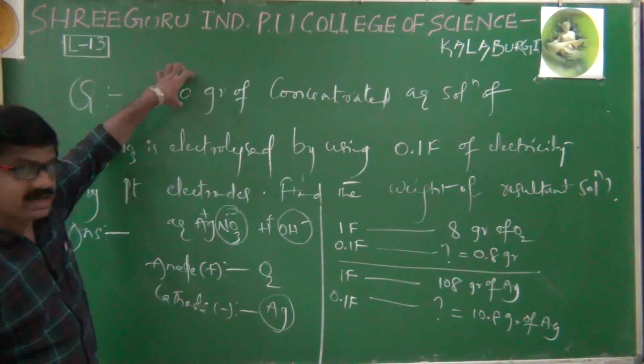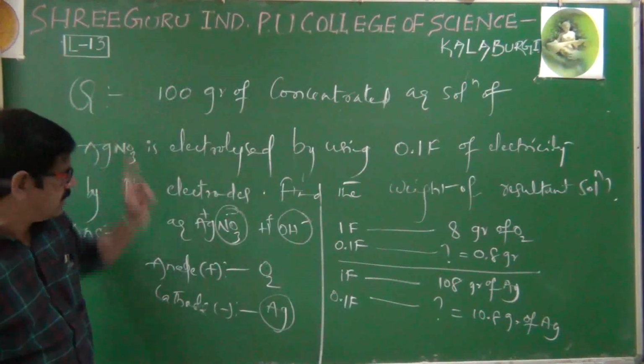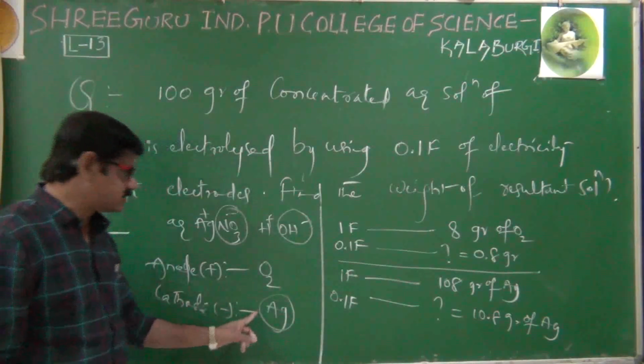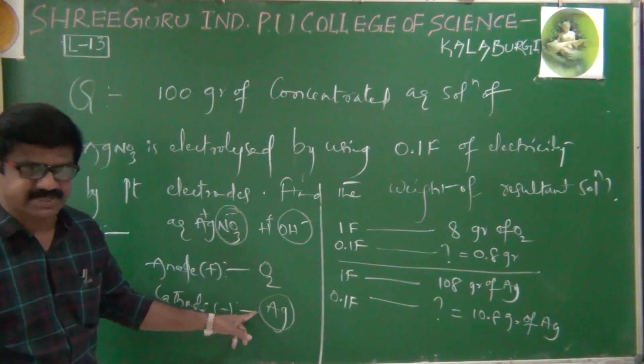Means from the 100 grams, at the anode 0.8 grams of substance is leaving, and at the cathode 10.8 grams of substance is depositing.